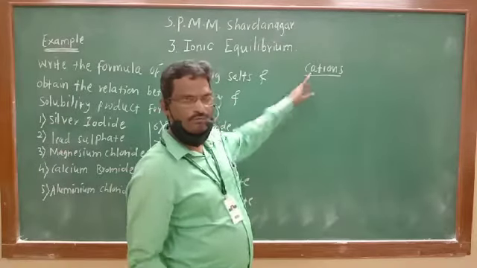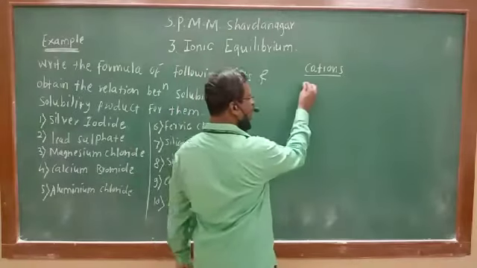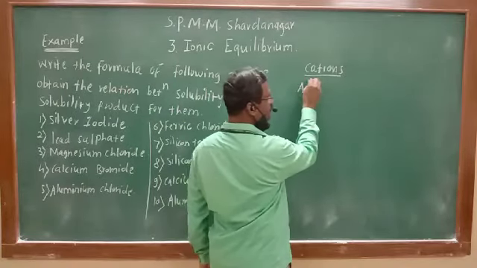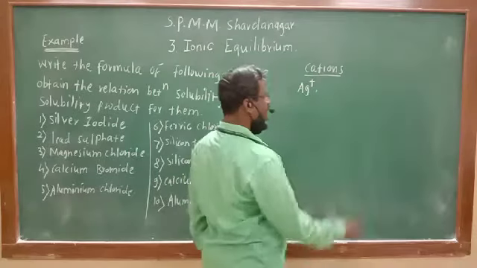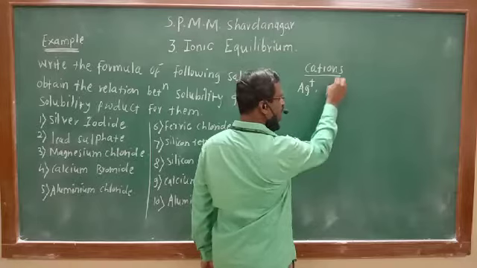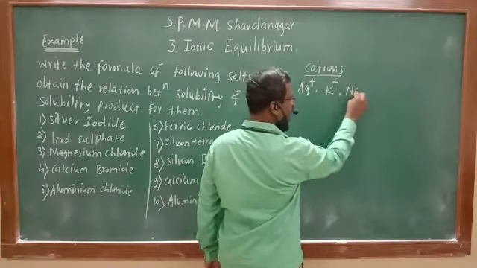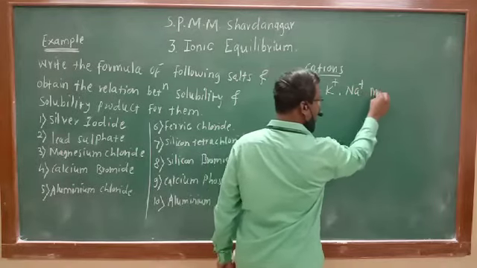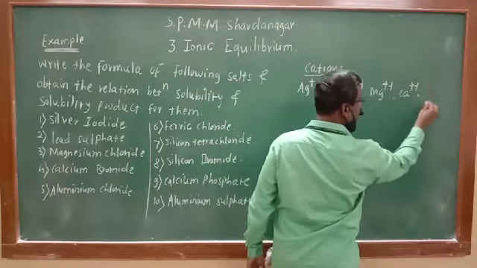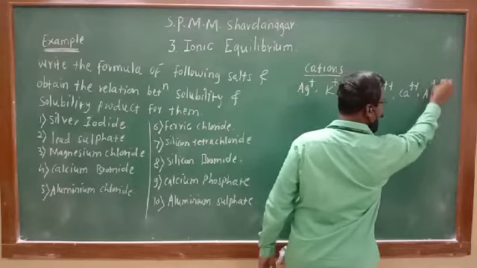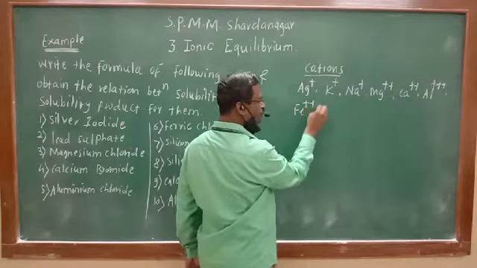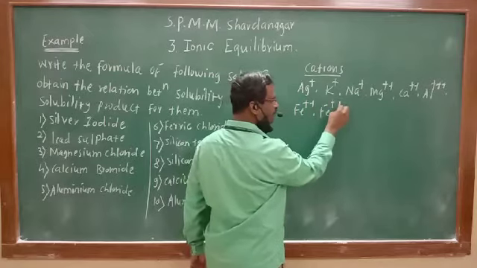For example, you know the cation Ag+. Ag+ is a cation. Then K+, Na+, Mg2+, Ca2+, Al3+, iron Fe2+ as well as Fe3+.